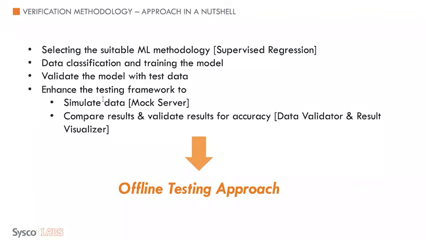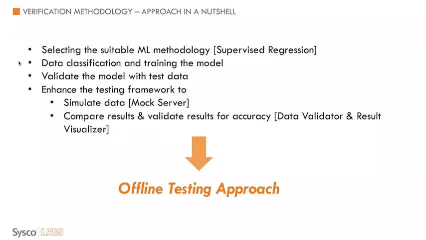And then comes the validation. If you can remember, we had the test oracle concepts, we had the mock server to simulate data, and then comes the comparator to compare the actual data against the predicted data. And then we used the result visualizer component to generate the reports that we previously had a look at.